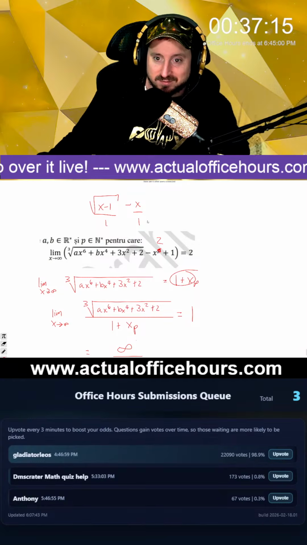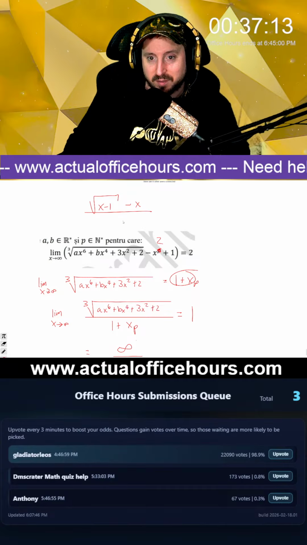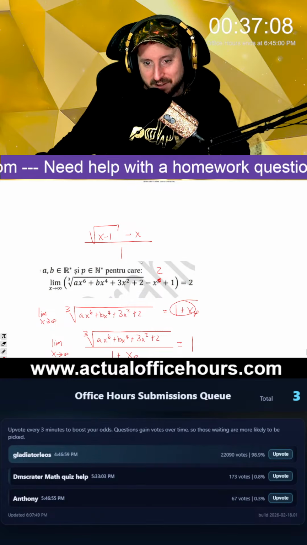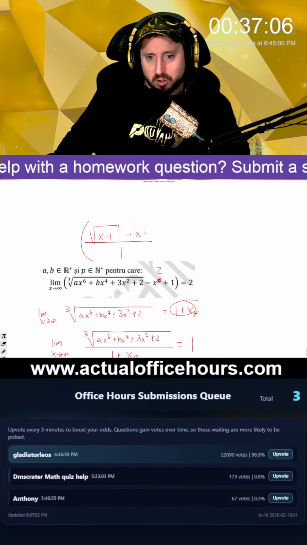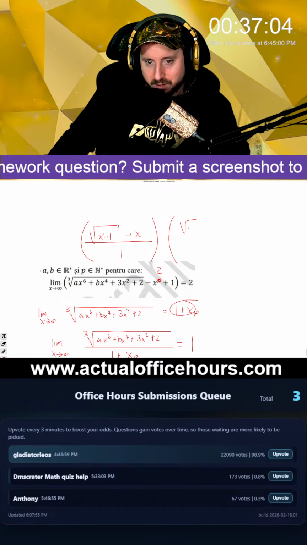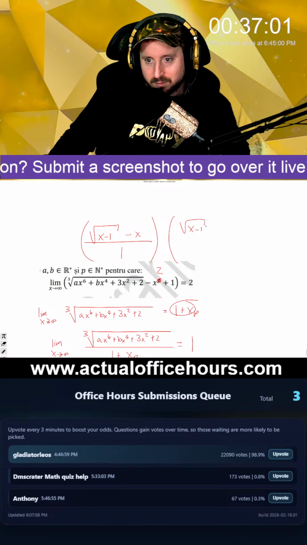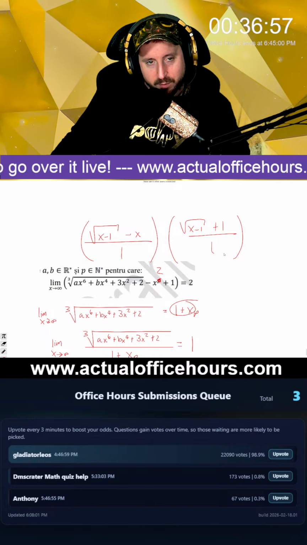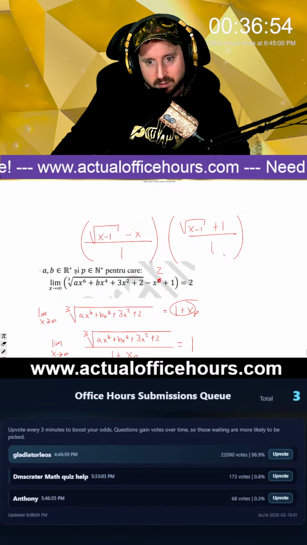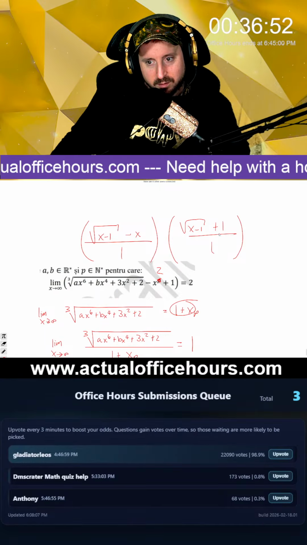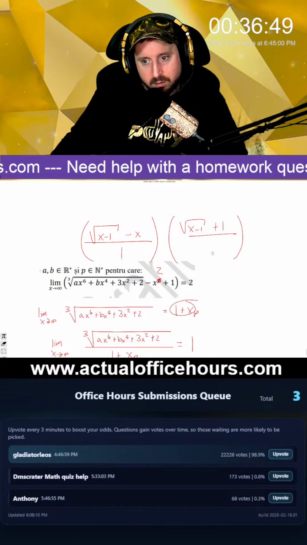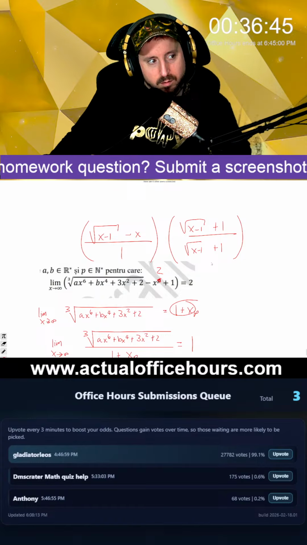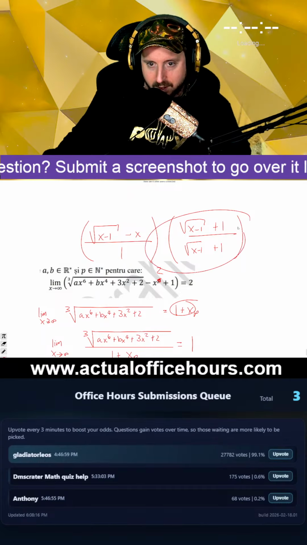A whole fraction. Okay, maybe like this one. Then amplify it by its conjugate. So multiply. I think I'd be multiplying by this, right? Square root of x minus 1 plus 1 over 1? Is that what we call multiplying by its conjugate? Or you want on the top and the bottom, maybe? Yes. Okay, like that.